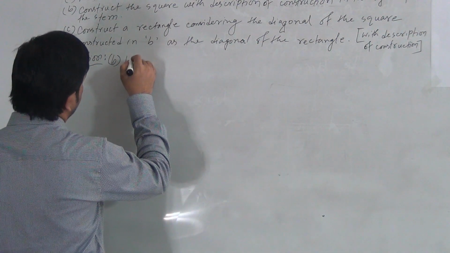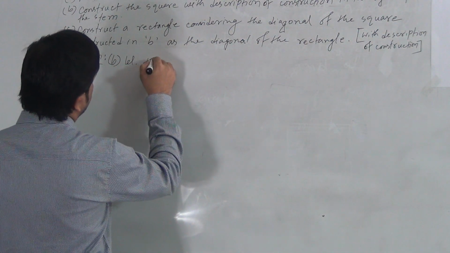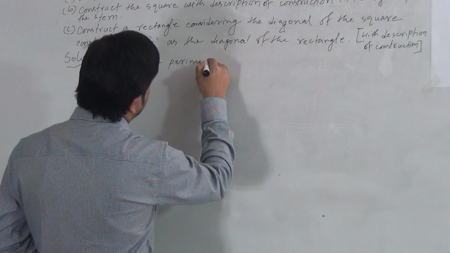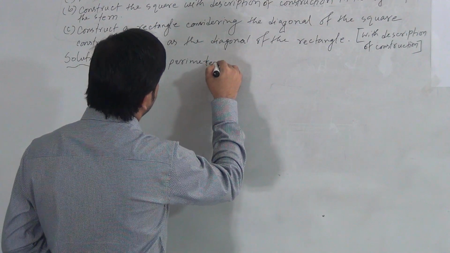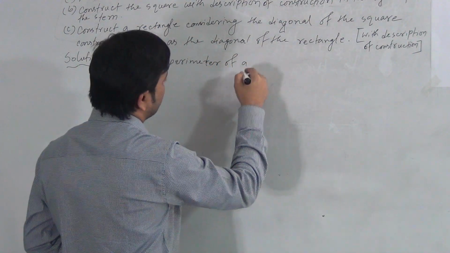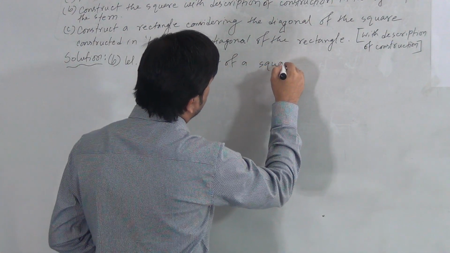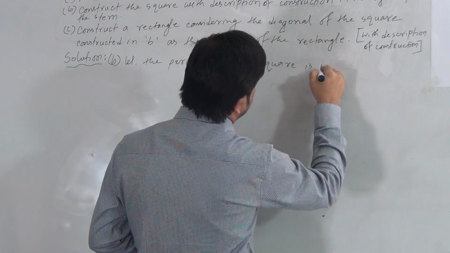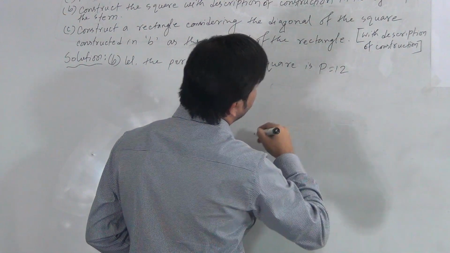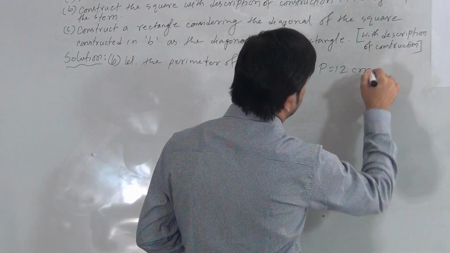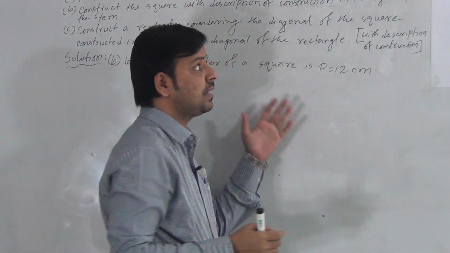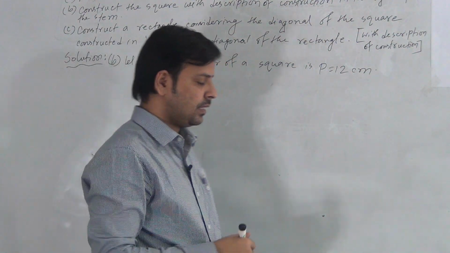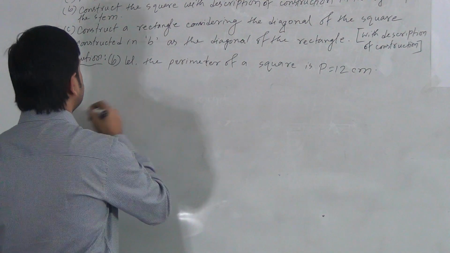Let the perimeter of a square be P equal to 12 centimeter. This 12 centimeter perimeter is given. So at first I have to take a perimeter 12 centimeter.